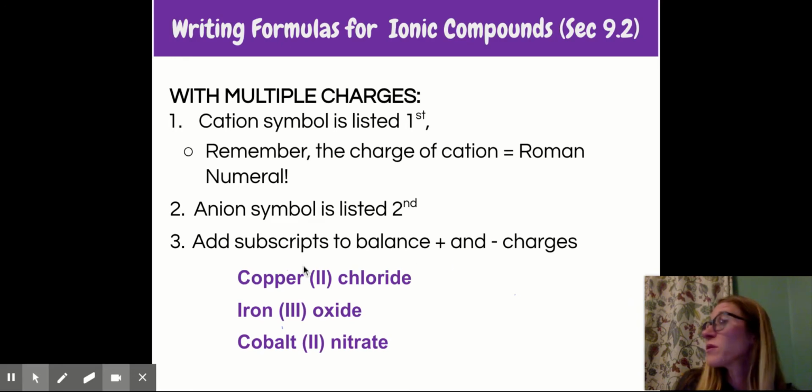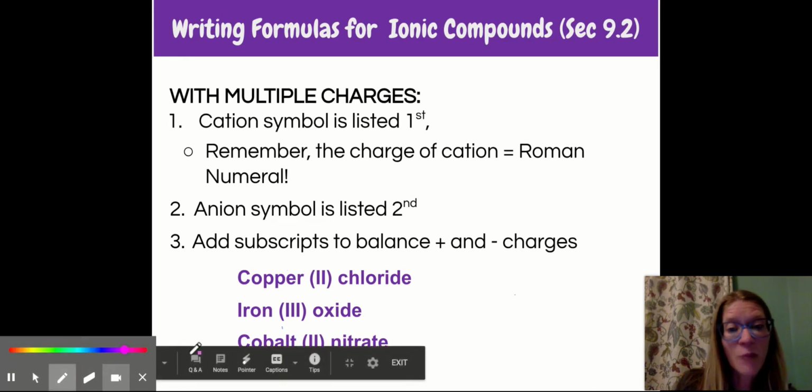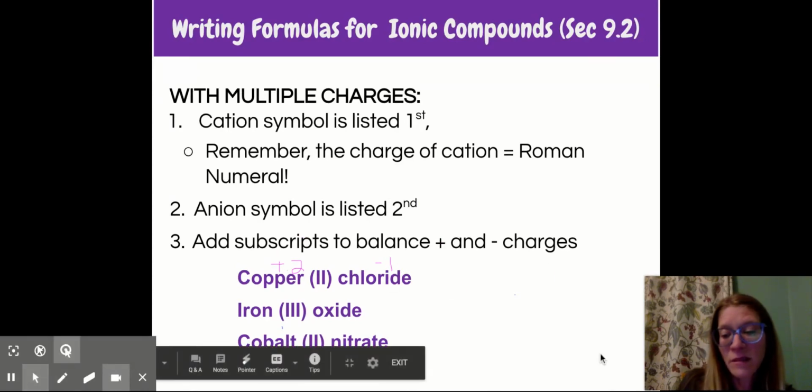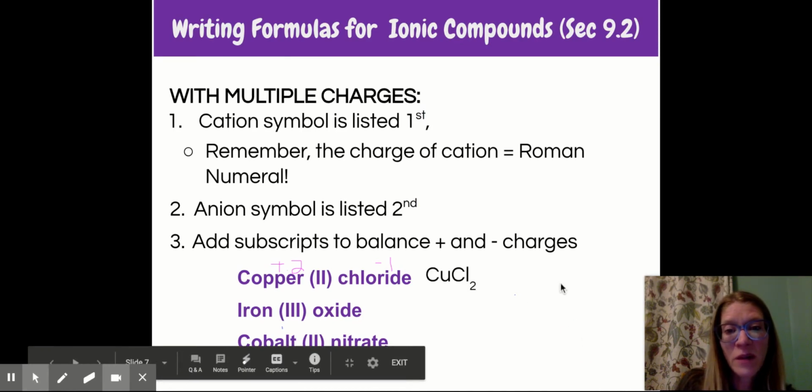So if we had copper 2 chloride, remember copper 2, that 2 means that copper is +2. Chloride is -1. So if I have +2 and -1, I know that I need more chlorides. So for every 1 copper, I would need 2 chlorides, so my formula would be CuCl2.